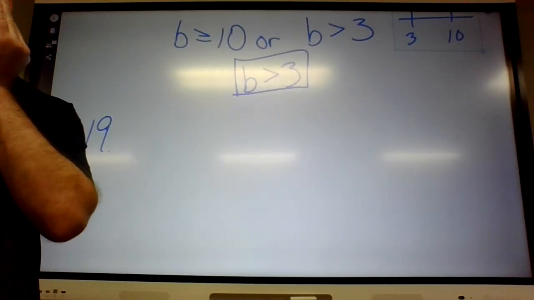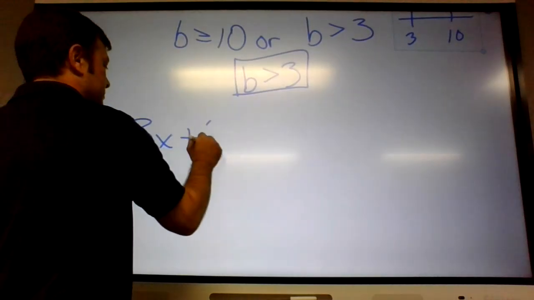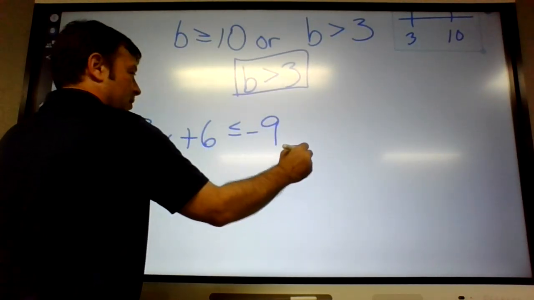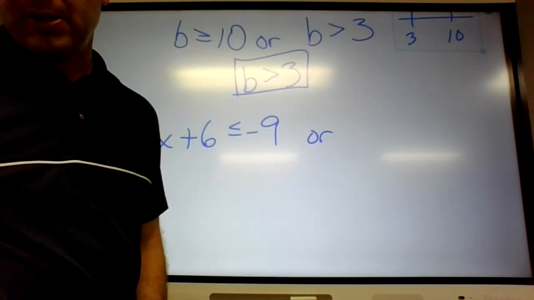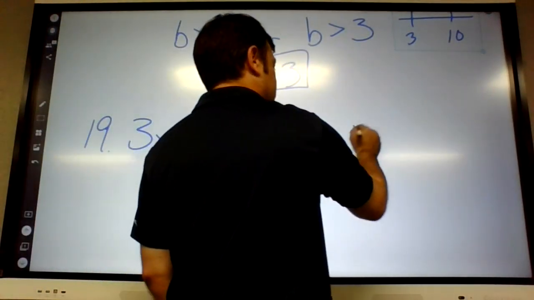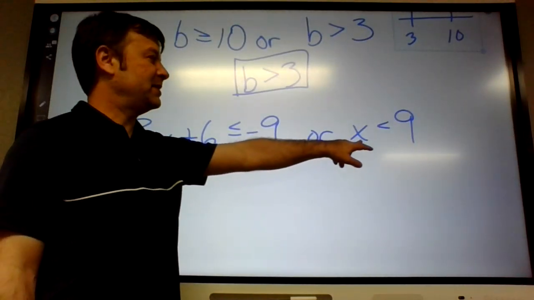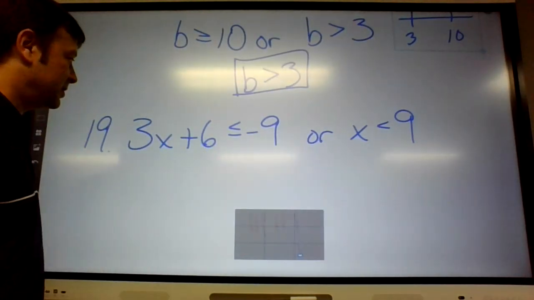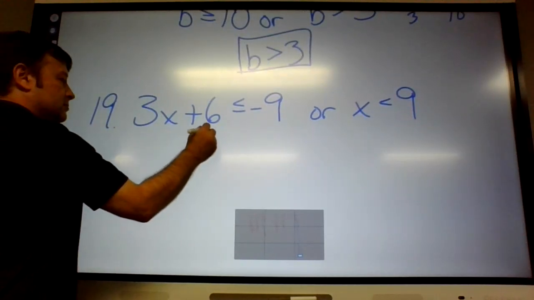Not too painful. 3x plus 6 less than or equal to -9, or x is less than 9. They were nice to us on 19 for some reason, because x is less than 9 does not need solved. It's already good to go. So, Katie, what should I do on this side? Minus 6.